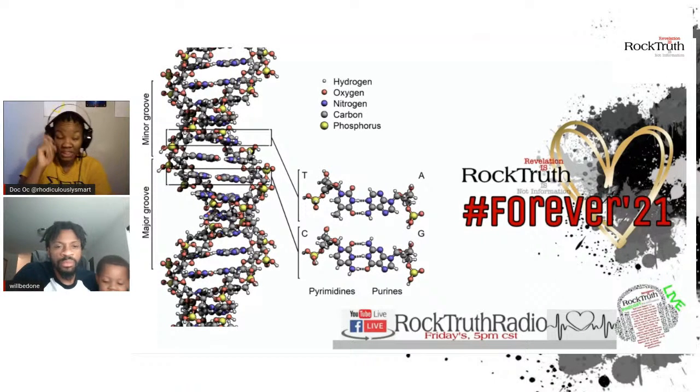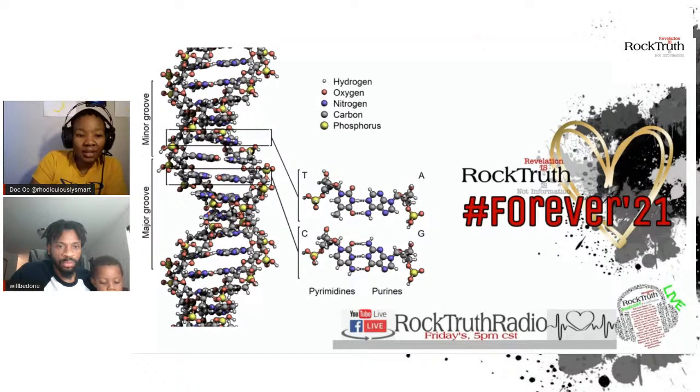And so the different types of amino acids are grouped into two groups, which are pyrimidines and purines. So that's all that is. The pyrimidines are thymine and cytosine, and then the purines are adenine and guanine. And like I said, in RNA, the thymine is replaced by uracil.